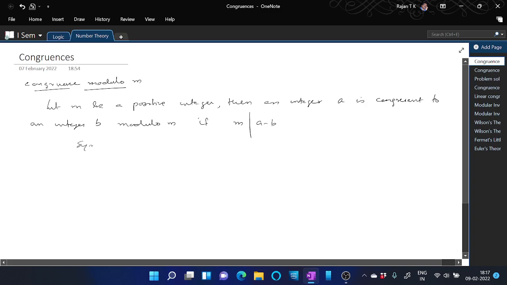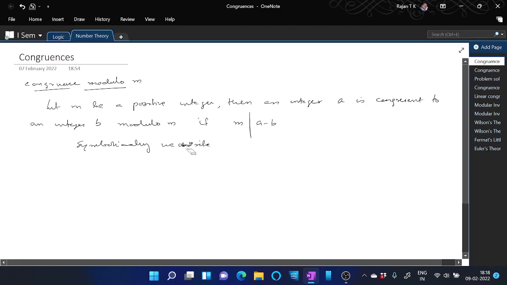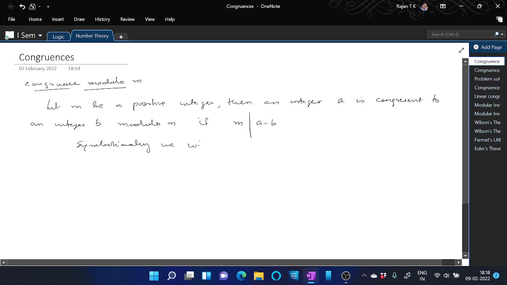Symbolically we write a congruent to b mod m.